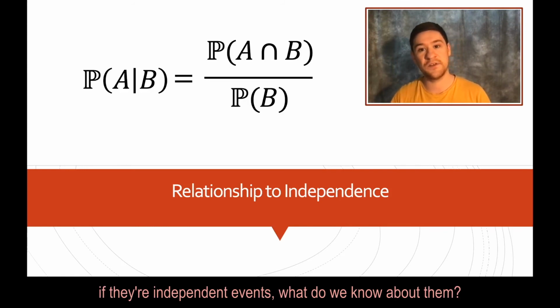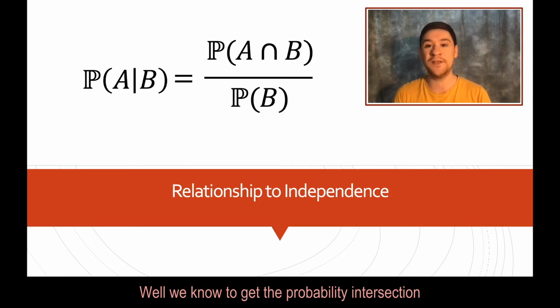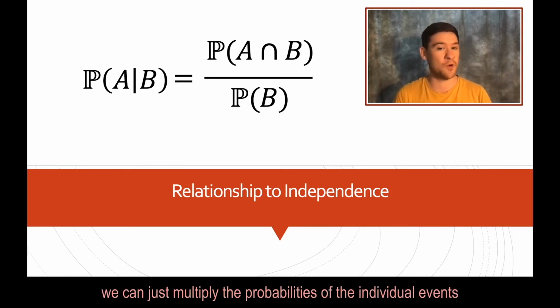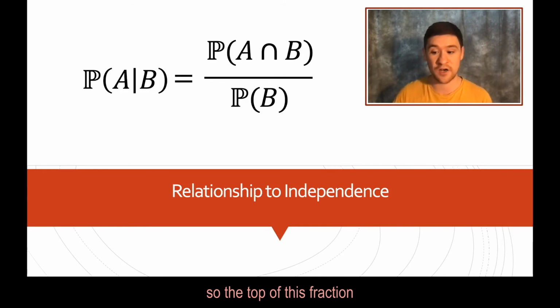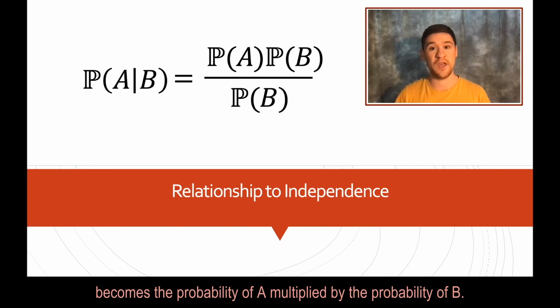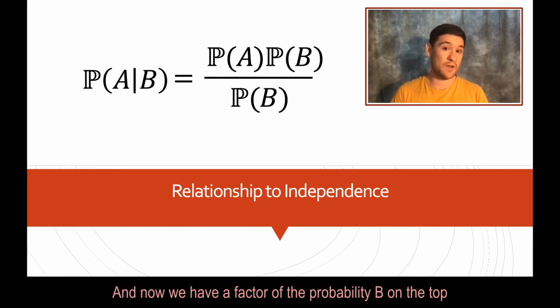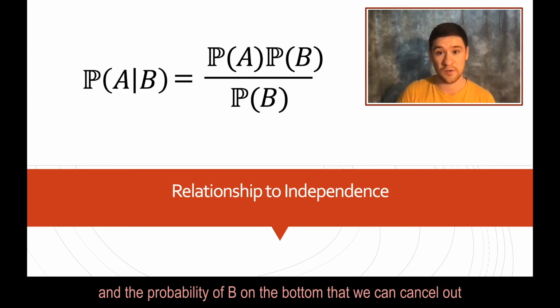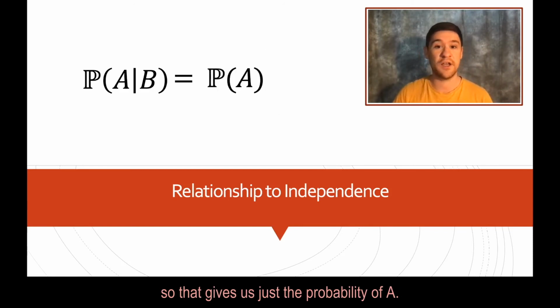If they're independent events, what do we know about them? Well, we know to get the probability of the intersection, we can just multiply the probabilities of the individual events. So the top of this fraction becomes the probability of A multiplied by the probability of B. And now we have a factor of the probability of B on the top and probability of B on the bottom that we can cancel out. So that gives us just the probability of A.